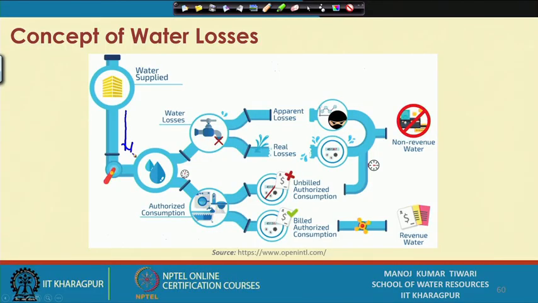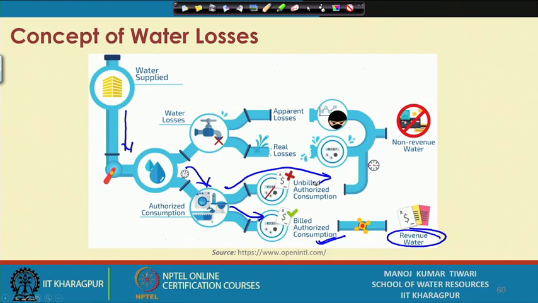Now, when water is supplied, it can go two routes. One is authorized consumption, which is properly metered, where the utility knows where the water is going. Among the authorized consumption, it can go to meters which are billed properly and on which the utility generates revenue. This is referred to as revenue water. On the other hand, some part is known and recorded. The utility knows that this much water is going for this purpose, but they do not charge for it.